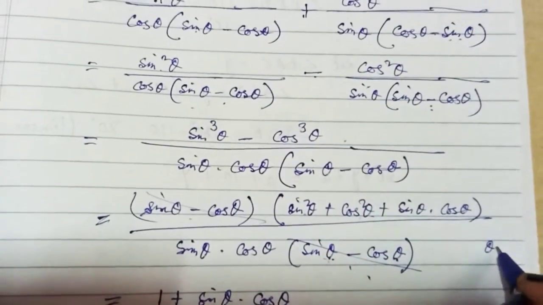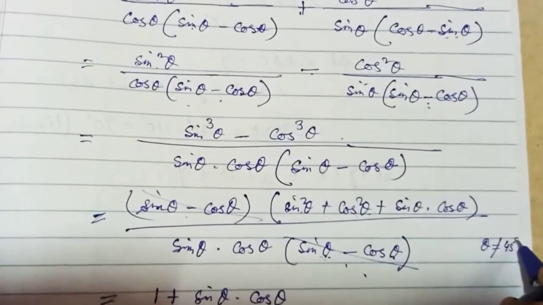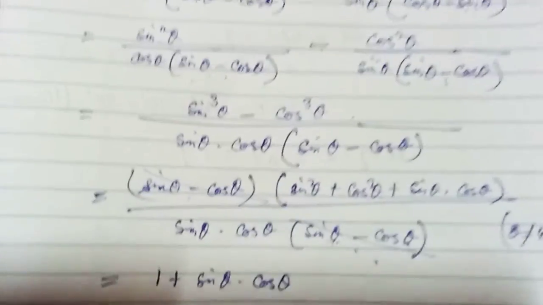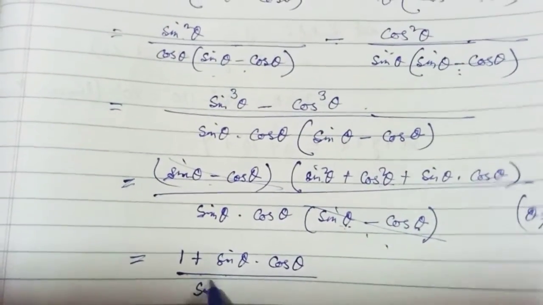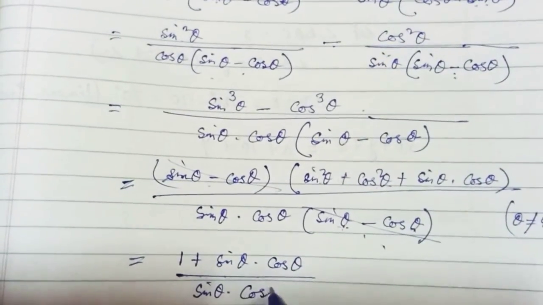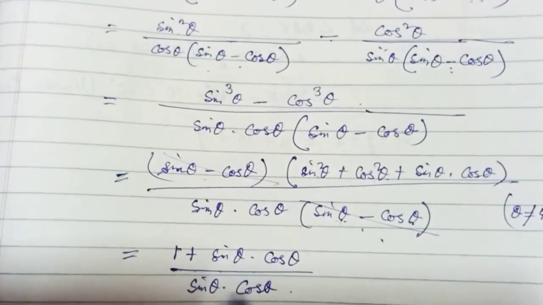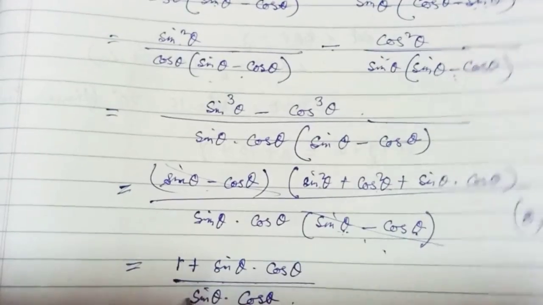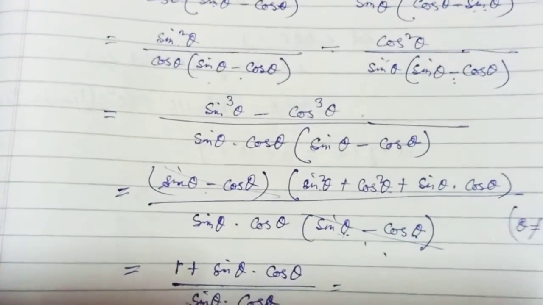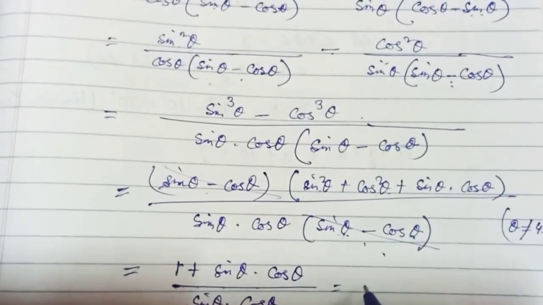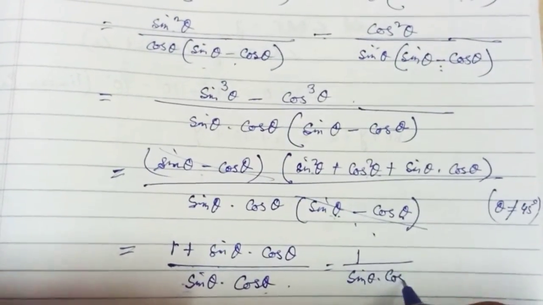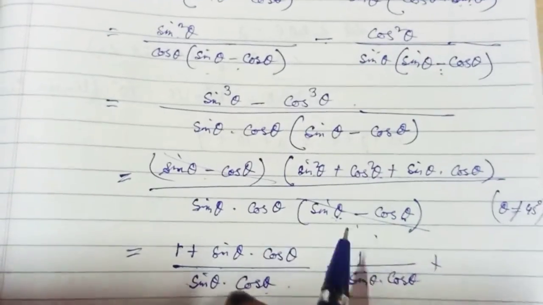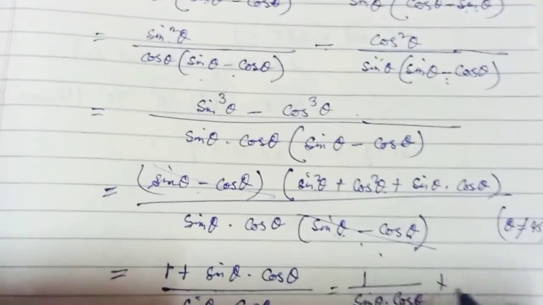So here you can also mention 45 degree. So 1 plus sin theta into cos theta upon sin theta into cos theta. Okay, if we divide by sin theta into cos theta, you will get 1 upon sin theta into cos theta, and when it divides in the other part you will get 1.